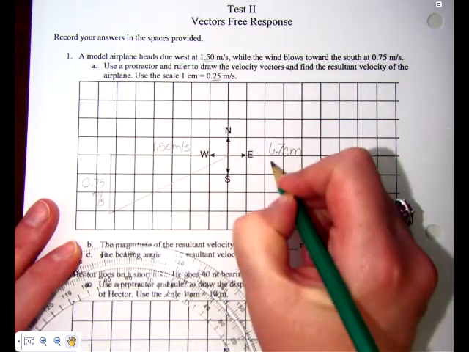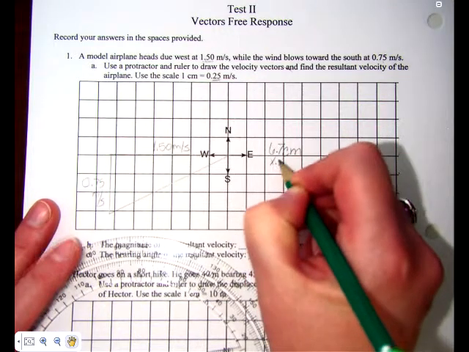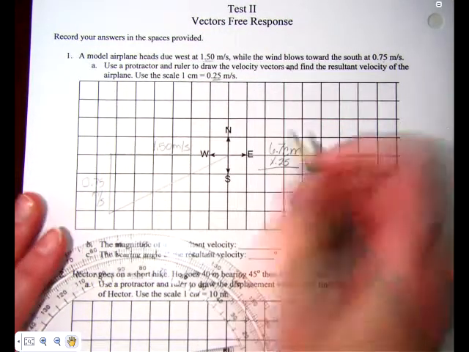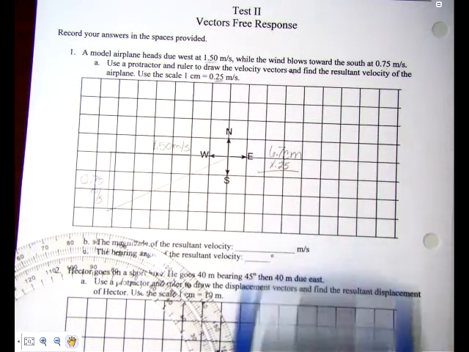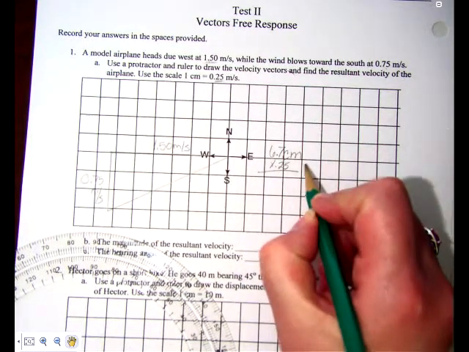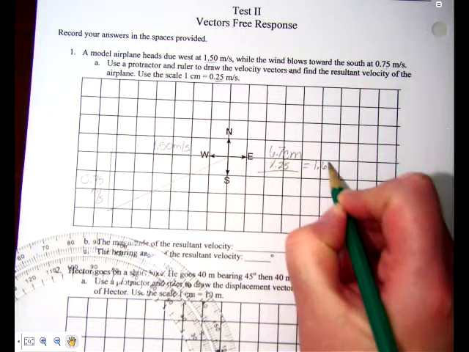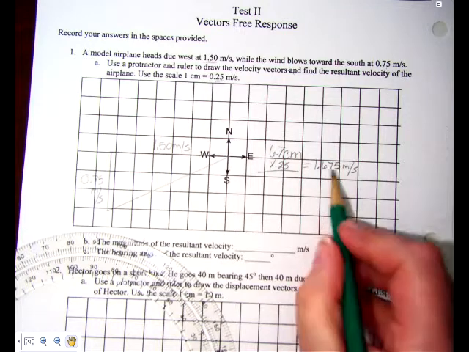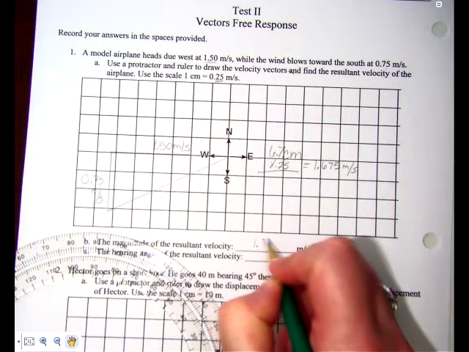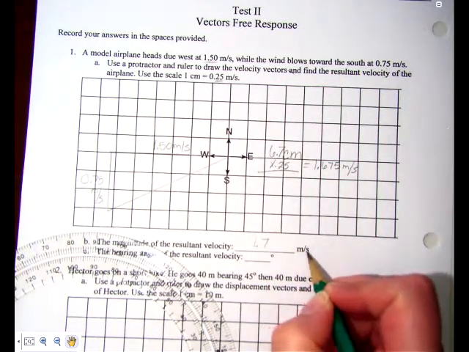If I multiply that times 0.25, I've already done that in the calculator, that would make it 1.675 meters per second. We would round that up to 1.7 meters per second.